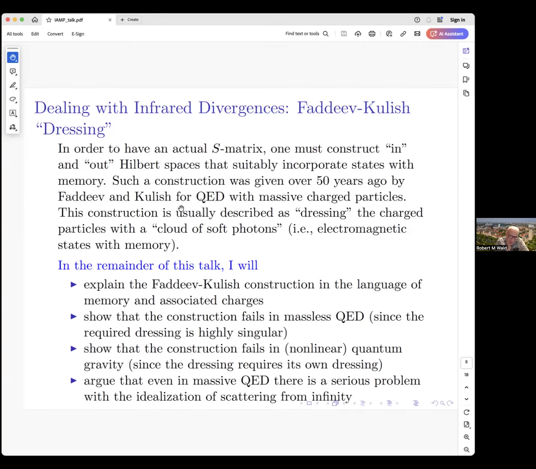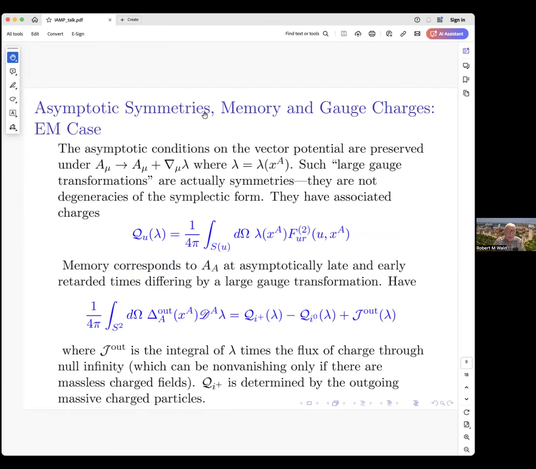It's a terrible idealization in quantum field theory, and I think one should not elevate scattering theory in asymptotically flat space-time to some elevated position in the way one might formulate quantum field theory. Okay, so to begin, let me talk about these large gauge charges first in the electromagnetic case and their connection to memory.